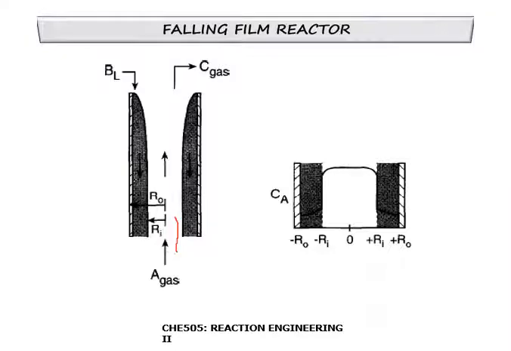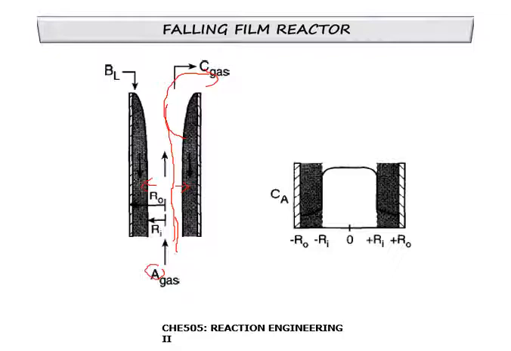Okay, say reactant A goes through this vertical column, but of course it will have contact with liquid B, so a reaction will occur and product C is produced.